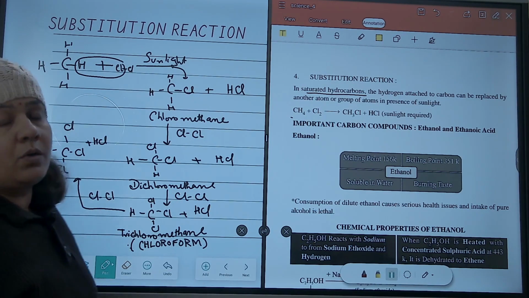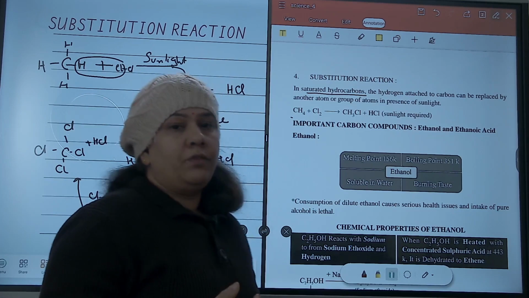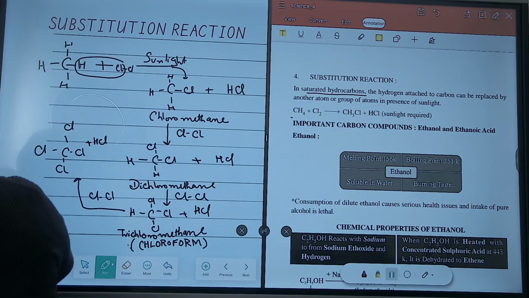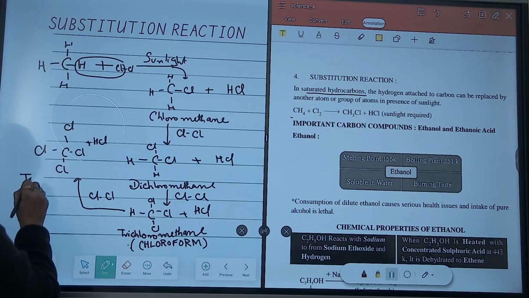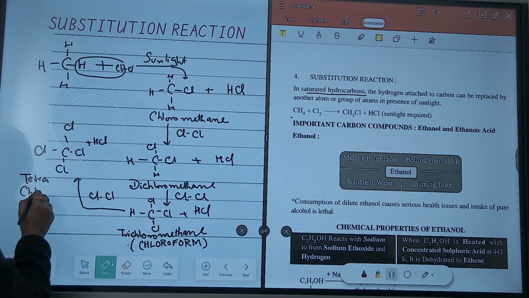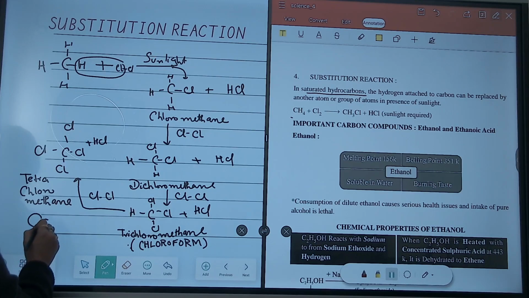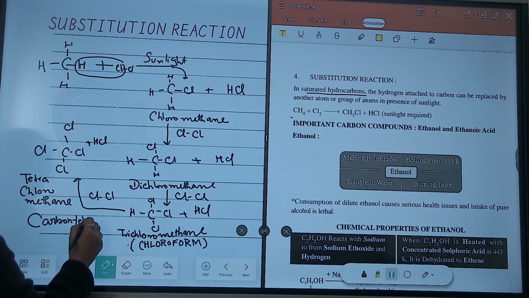So this is tetrachloromethane, commonly called carbon tetrachloride, and it is a very good organic solvent.